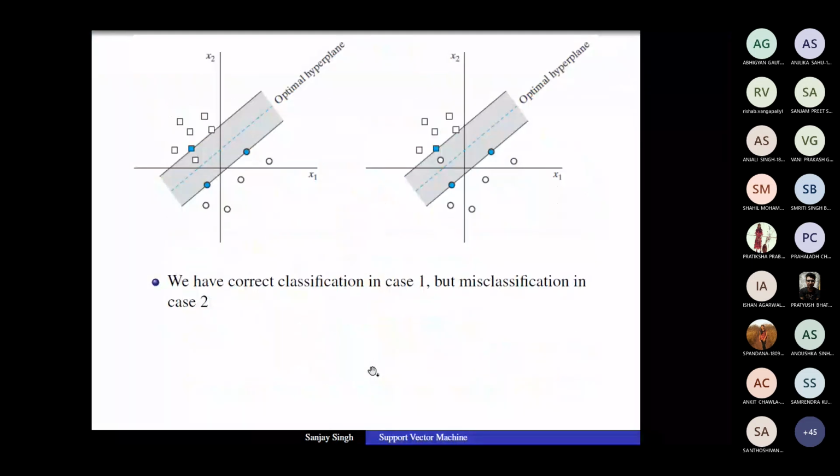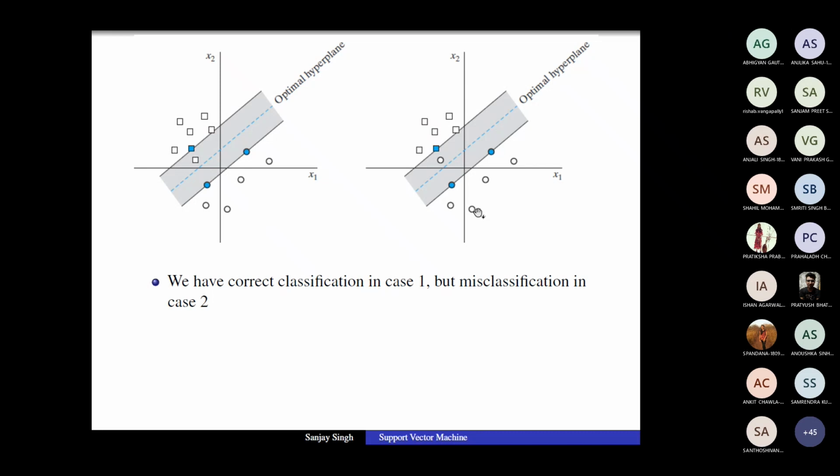Anything above this will be classified as positive class, but actually it should be somewhere here, beyond the margin line. If it falls between this particular distance, there is a violation. But because it is above the optimal hyperplane, it will still be classified properly. Right?